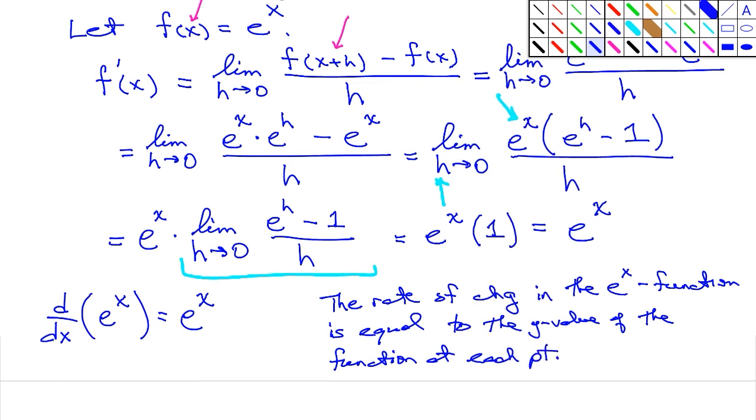So whatever the y value is when you graph e to the x, that's actually the slope of the tangent line and the rate of change of that function at that point. That's a very special property, and that's sort of the impetus about where this e comes from. Recall that e is about 2.71, and so there was some number where it was exponential, where the rate of change was going to be equal to the y value, and boom, here it is. It's this number e with the function e to the x.